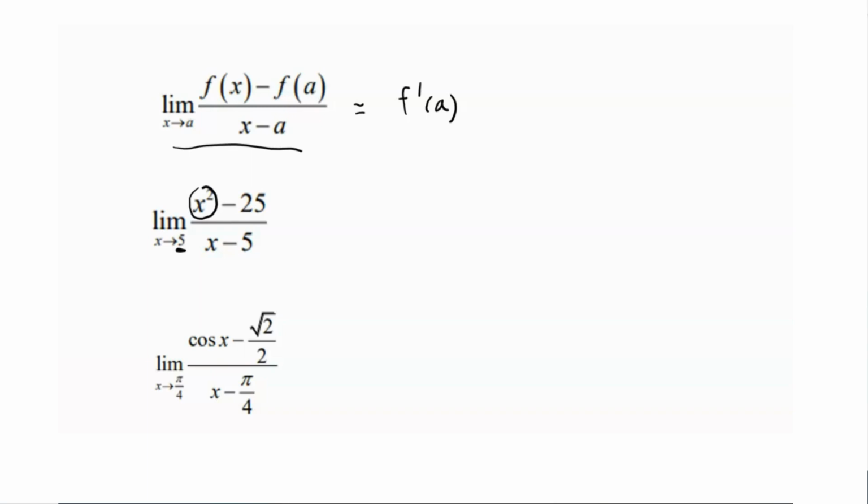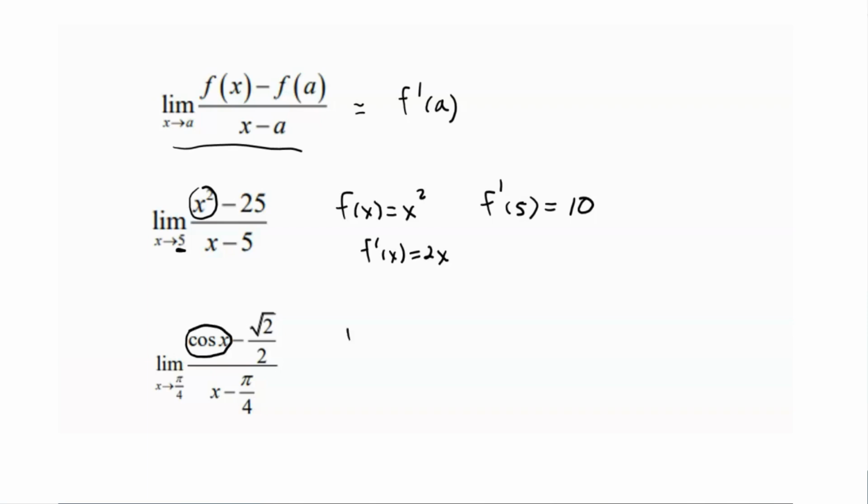So f of x would be x squared, and we're finding f prime of the a value, 5. So f prime of x is 2x in this case, and then we plug in 5, so that answer would be 10.